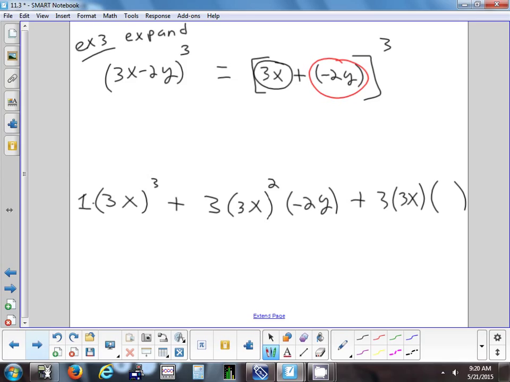And how about the second parentheses? Negative 2y and then squared. Good. Negative 2y squared. And the last part, the coefficient's going to be 1. The 3x term is gone, and you just have negative 2y cubed.